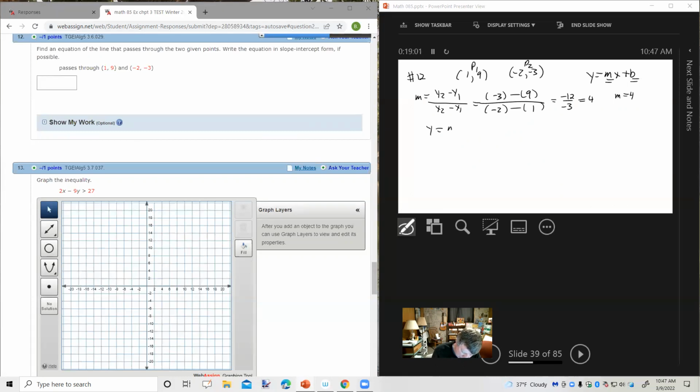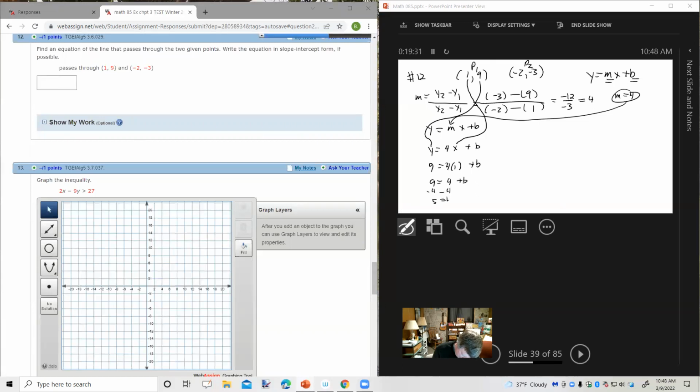So using y equals mx plus b, we're going to put 4 in for the slope. Now we need to get b, the y-intercept. We can use either one of the original points. I'll use this first point. So x goes in there and y goes in there. 9 equals 4 times 1 plus b. 9 equals 4 plus b.